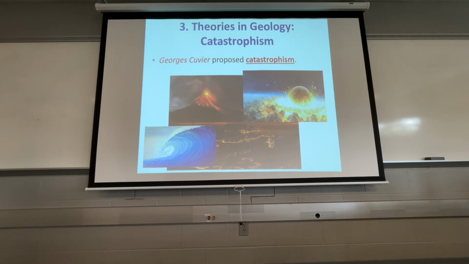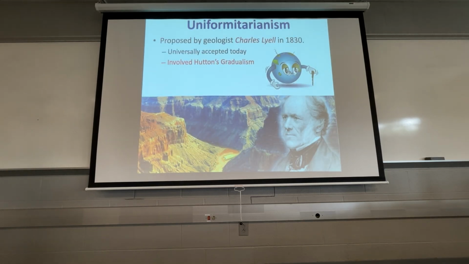Now, there were other geologists who said, no, this is not the major shaping tool, if you will, of planet Earth during its life history. An older concept is something called uniformitarianism, which is small, uniform, consistent, slow changes over time, which was published by Charles Lyell, who coined the term, in the 1830s.